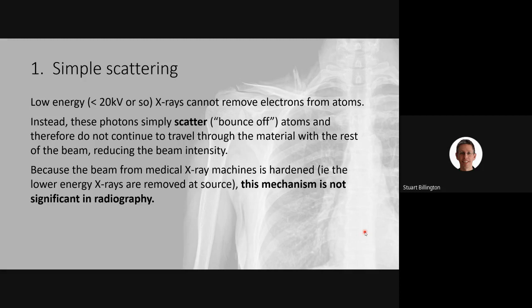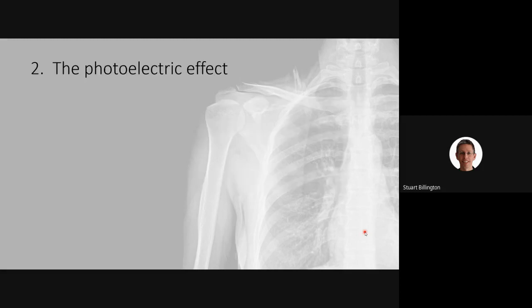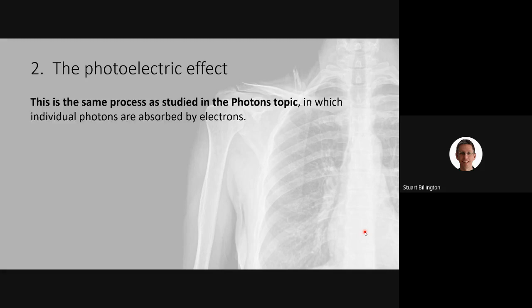Okay, let's have a little look at the second mechanism. So when we taught you about the photoelectric effect in the earlier topic, the photon topic, we focused on it being a process that liberated electrons from a piece of zinc.